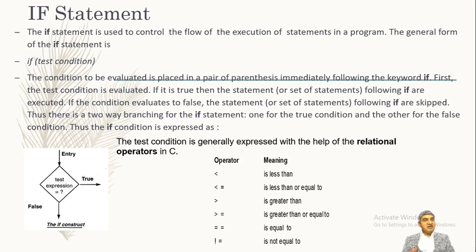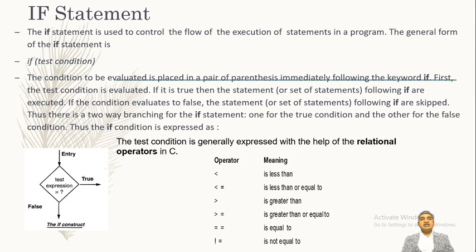Very simple. If we consider a flowchart, at entry we test the condition. If this condition is true, then the particular statement is executed. If it is false, then the statement following if is skipped.